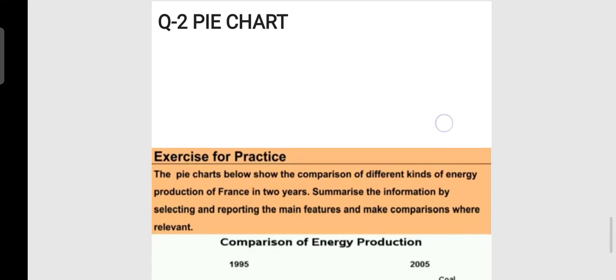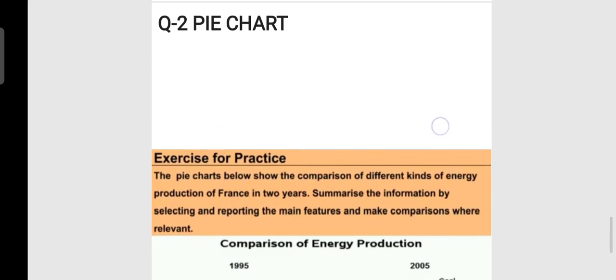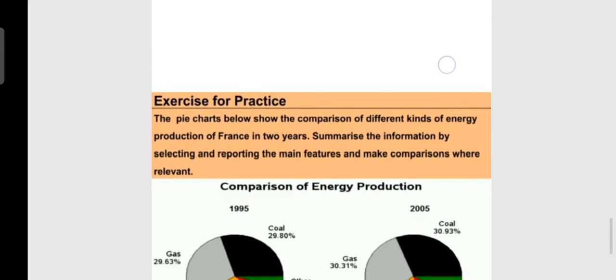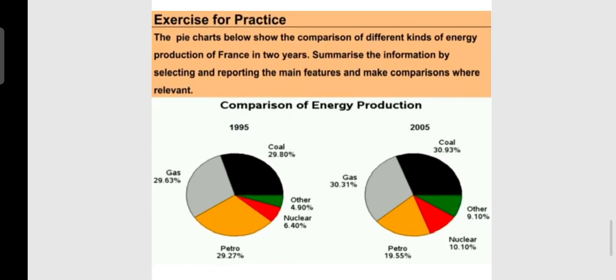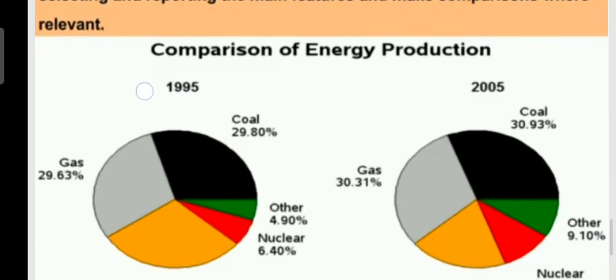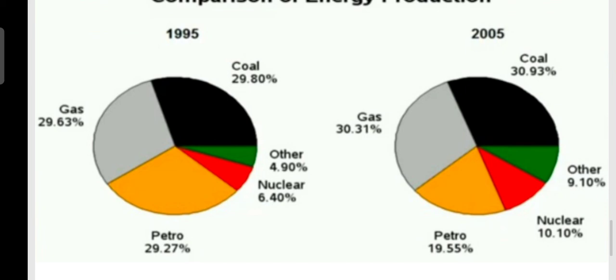After that, the second question is a pie chart. The pie chart below shows the comparison of different kinds of energy production in France in 2 years. Summarize the information by selecting and reporting the main features and make comparisons where relevant. This is about the comparison of different kinds of energy production in France in 2 years, 1905 and 2005.